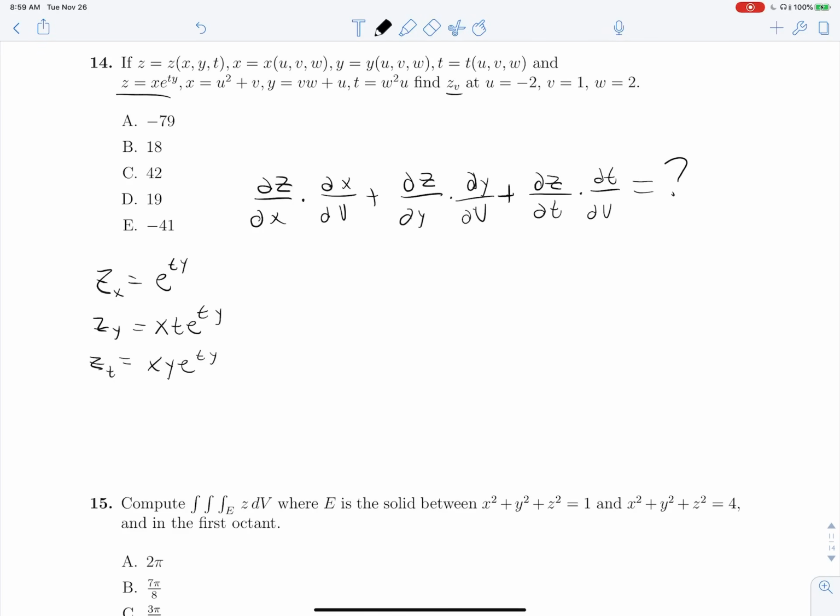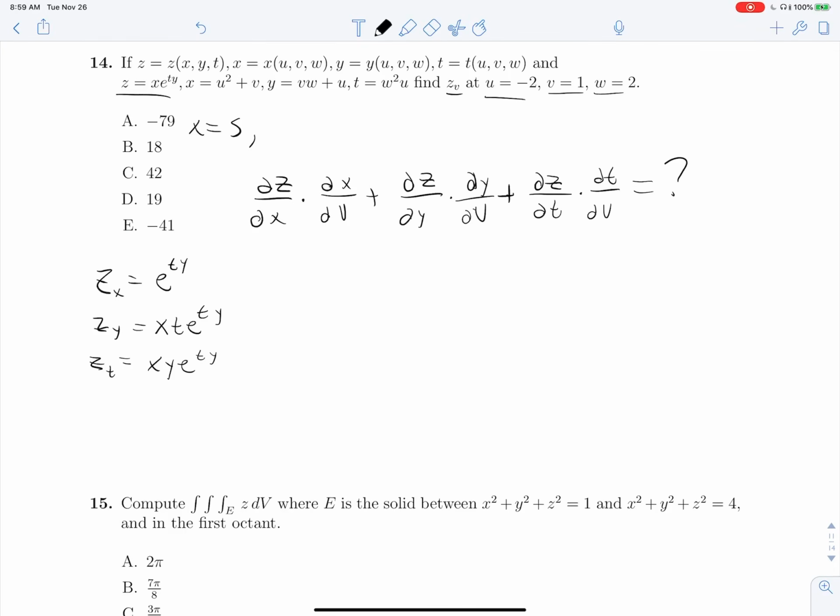We are evaluating this at u equal to -2, v equal to 1, and w equal to 2. So we can plug those values into x, y, and t to see what they are equal to on this level of the question. So x is u squared plus v. That will give us x equals 5.